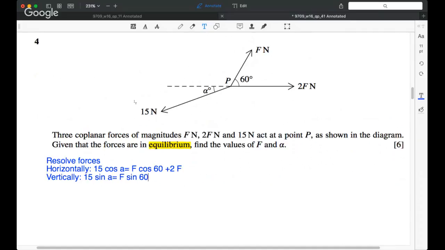Especially saying that the forces pulling downwards will be equal in magnitude to the forces pulling upwards.